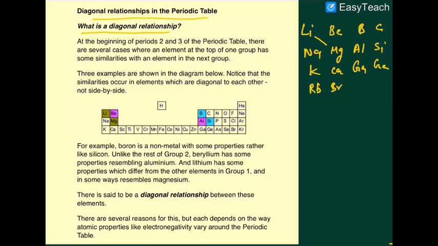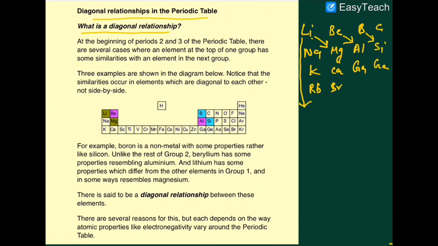Now, lithium's properties are similar to magnesium. Lithium has fewer properties similar to alkali metals, but more properties similar to magnesium. Similarly, beryllium shows properties similar to aluminium. Similarly, boron shows properties similar to silicon. That is called the diagonal relationship.